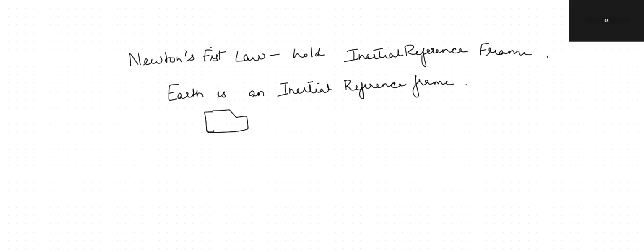But this doesn't really happen, because we cannot assume that a bus is continuously moving at the same speed forever. A car moving is considered an accelerating reference frame, so Newton's first law doesn't hold for objects lying on the car.